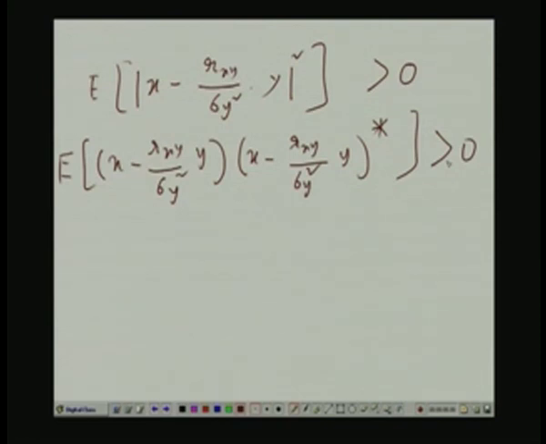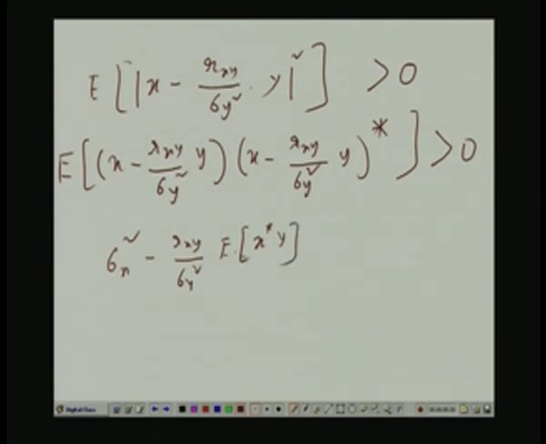Okay. If you expand, what you get is E of mod x square, which is sigma x square, and another cross term, r x y by sigma y square times x star, expected value of that. So, that will give you r x y by sigma y square, that will go out, into E of y star y x star, that is x star y.